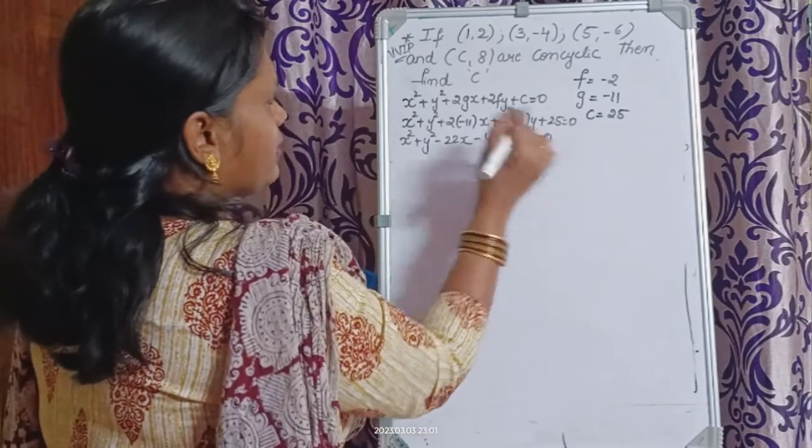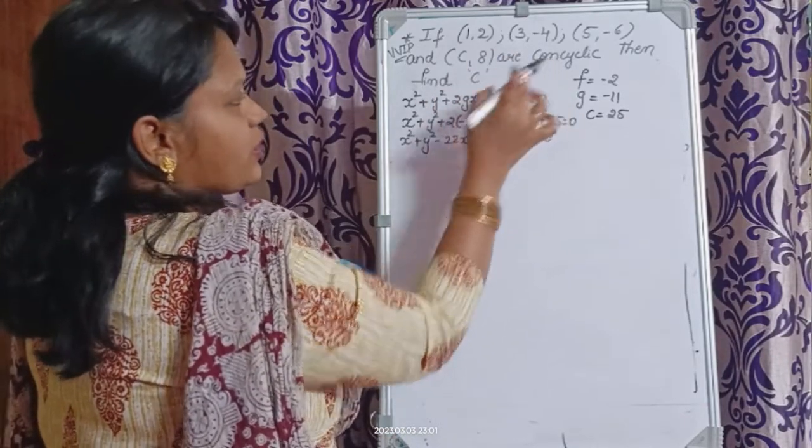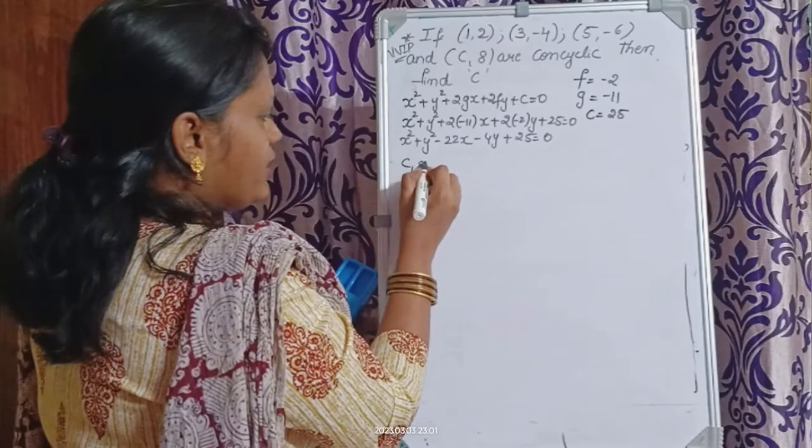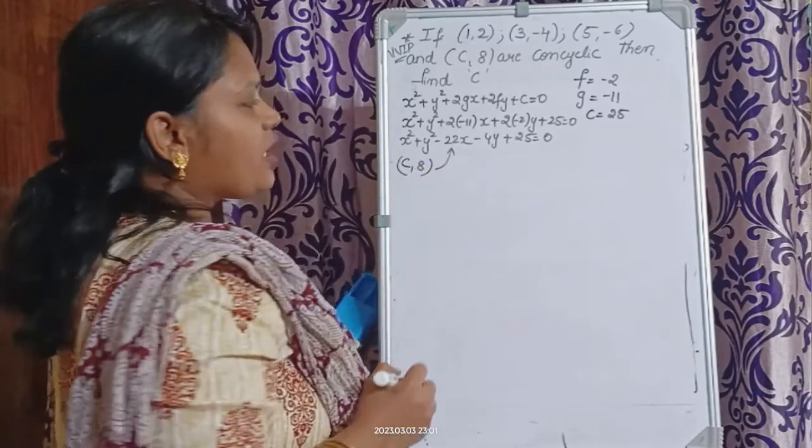Right? But they have given that these points are concyclic, which means the point (c, 8) lies on the above equation.